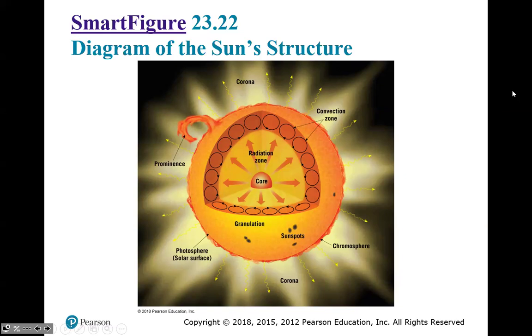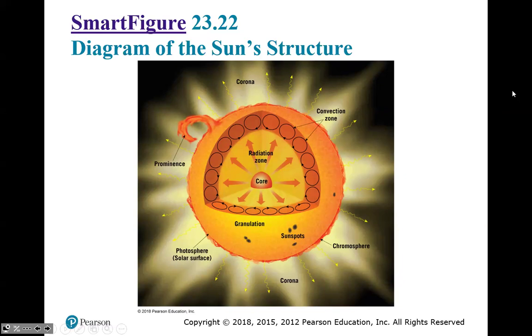And then above that is a layer called the corona, which extends out much further. It's much thinner. The chromosphere and the corona were first discovered during a solar eclipse. You can have the photosphere blocked out, but you can still see the stuff around the edges, basically.